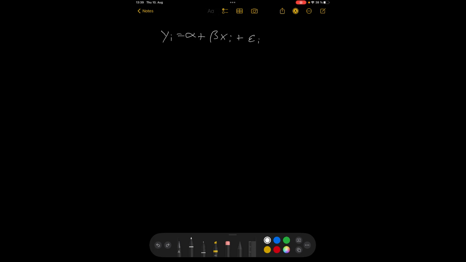Now, we know that our estimator is given by beta hat equal to the sample covariance between x_i and y_i divided by the sample variance of x_i.